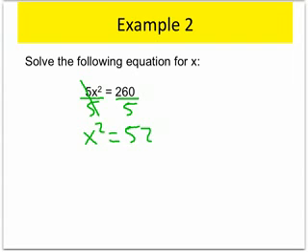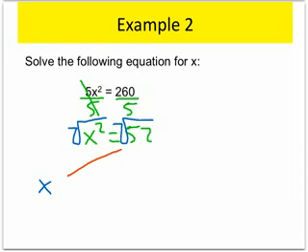Now we only have one operation on x left. It's being squared. We can undo this using the inverse operation, square root. Anything I do to one side, I also need to do to the other. The square root of x squared is x. But the square root of 52 is a little bit more complicated.